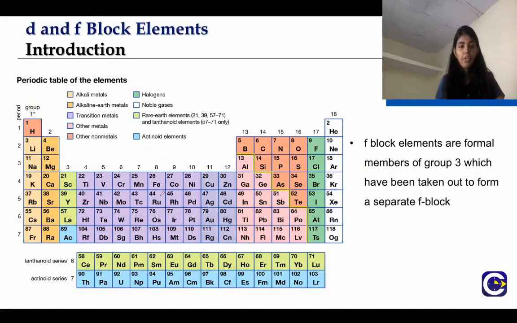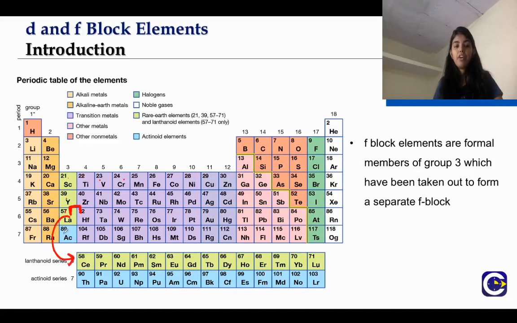Yeah, so here you can see that 21, 22, 23, 24, 25 and so on till 30, then 39, 40, 41 and so on till 48, and then 57, 72. See, here is a skip of 14 elements. So on jumping from 57 to 72, the middle elements are the F block series that are separately placed here.